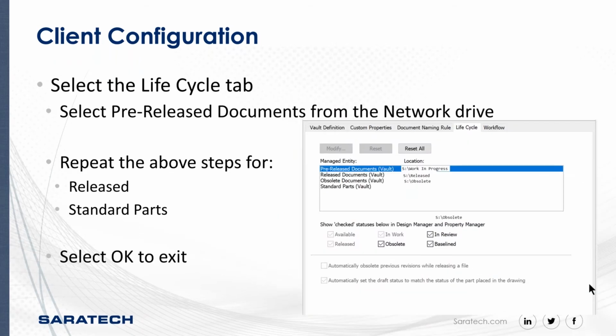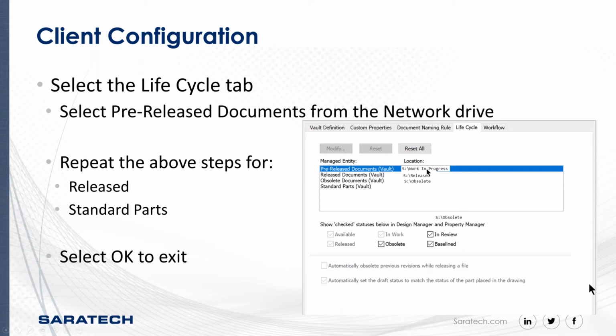When we get into the lifecycle tab, we have to set this up in order for some of the additional functionality to work. The intention of the tool is to progress these files from pre-released, which is available for engineering to make modifications, into a released folder, and then to obsolete the revisions previous to the most current that's being released.